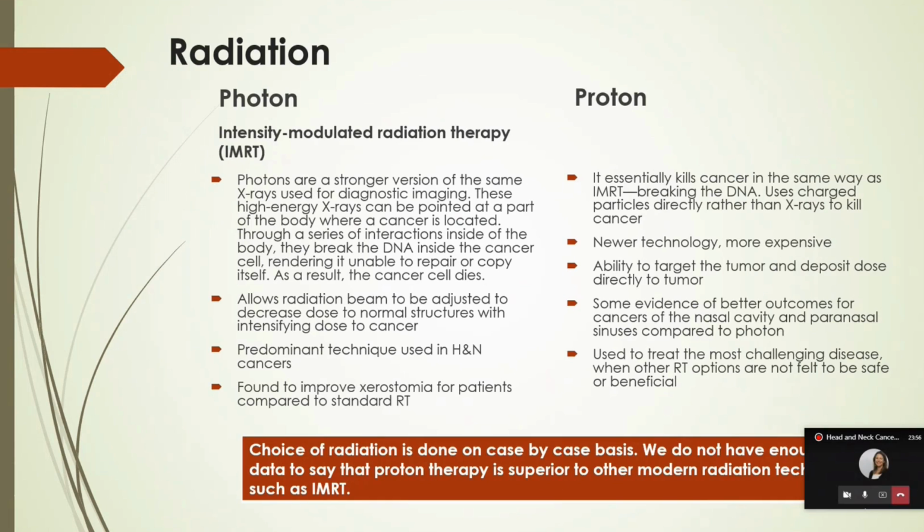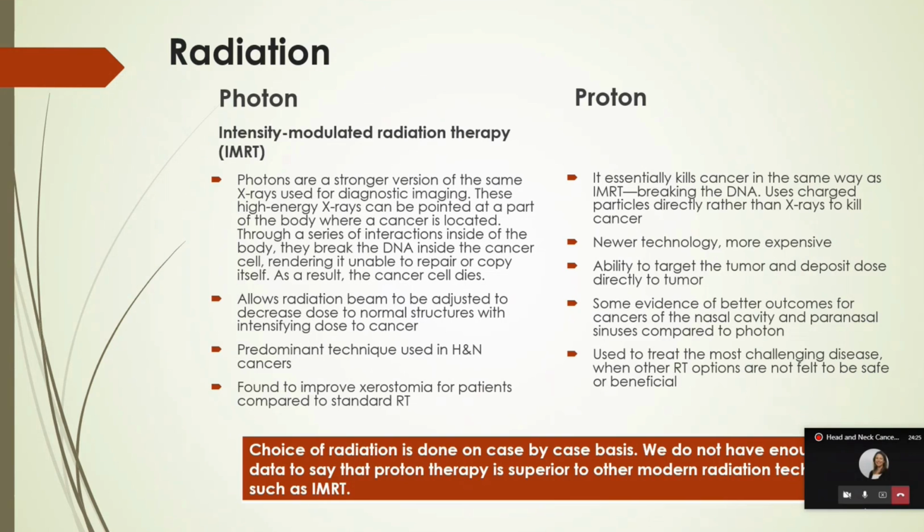Radiation is a very common treatment for patients with head and neck cancer. And there are really two different types of radiation treatment that we typically use here. One is photon radiation, and the other one is proton radiation. With photon radiation, photon is the most common type. We typically use a modality called intensity modulated radiation therapy.